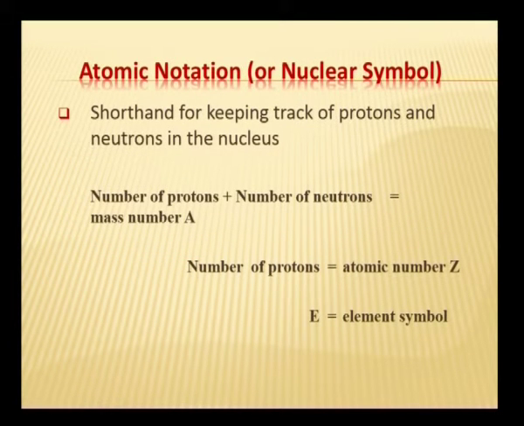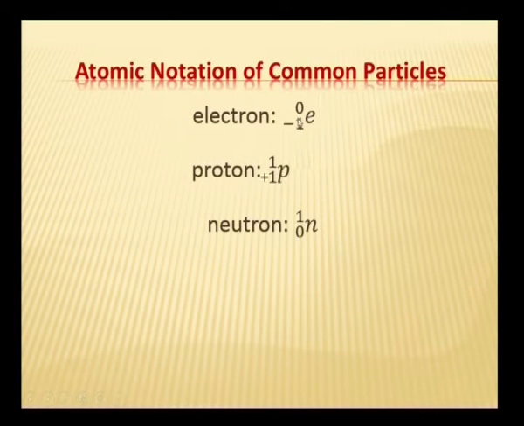The notation or symbols used in nuclear physics: number of protons plus the number of neutrons is the mass number. A is the mass number, right. The mass number is denoted by letter A. Number of protons should be equal to the number of electrons, that is the atomic number Z. E is the symbol for the element. So, you have 0 here, that is the mass number, and -1, that is the charge of electron.